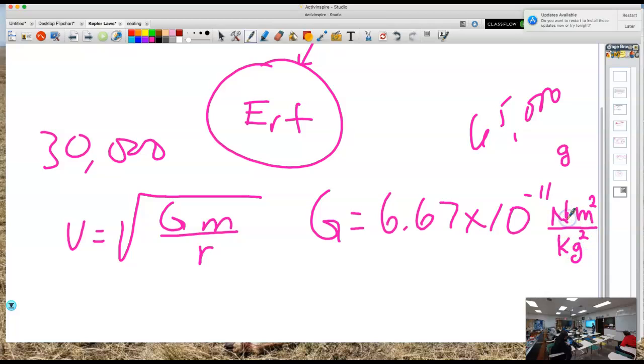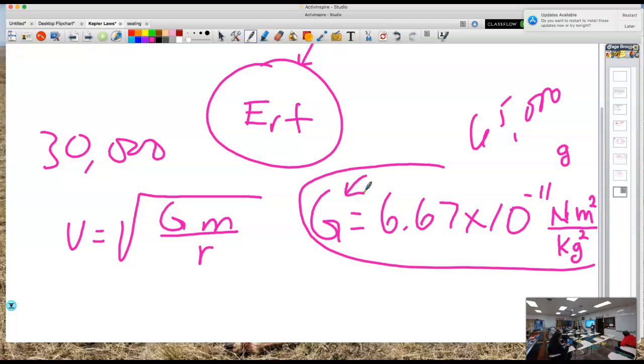So we have newtons, that's N. What's M? Meters squared over kilograms squared. So this number is always the same thing. G's always the same thing. So if I were you and I had a calculator, I would type this number in and store it in the letter G in my calculator, so I can just bring up G and it's always going to be there. I don't have to keep typing it in every single time.